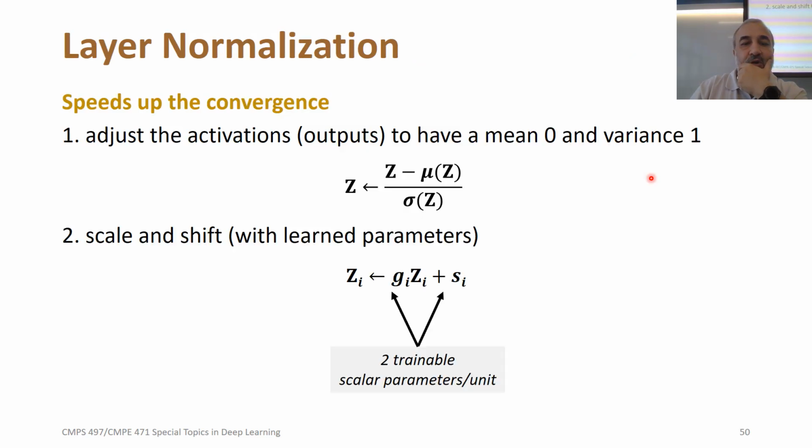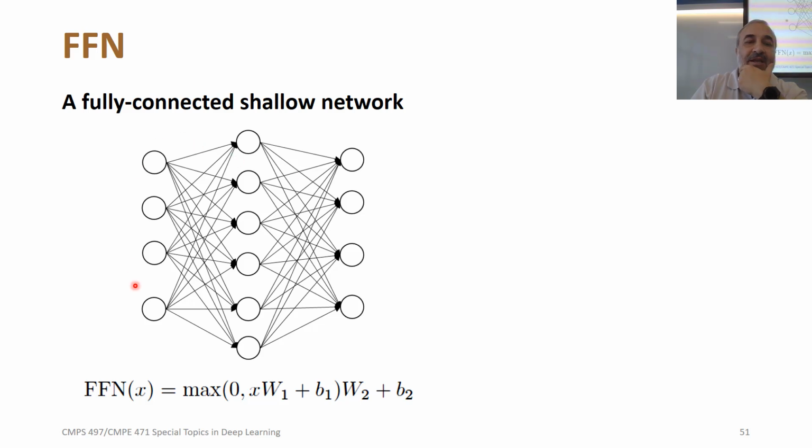Here, this is the embedding vector of one word going through the hidden layer and then back to the same size. So this is D, and this is another dimension. Usually it's bigger, and then the output is back to the same length.